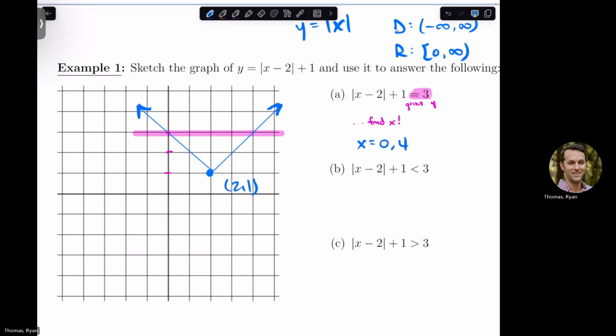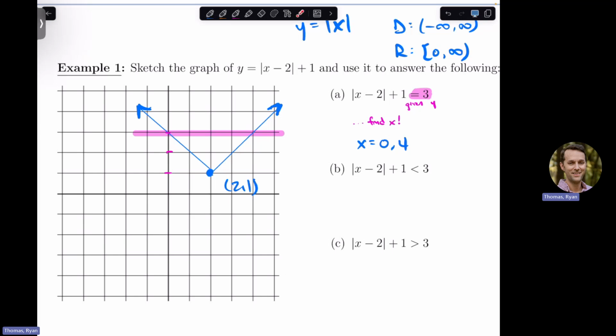Something else is both those value. That means that's what's going on.